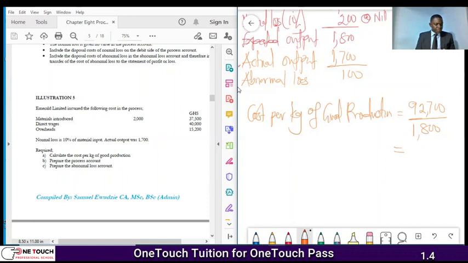So 92,700 divided by 1,800 gives us 51 Ghana cedis, 50 pesewas.